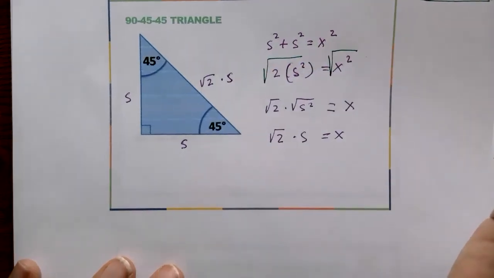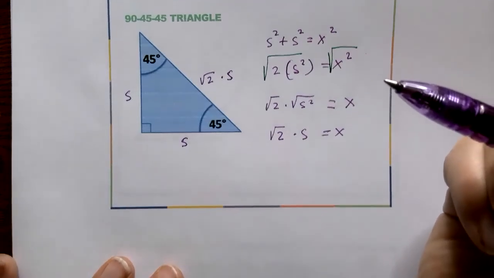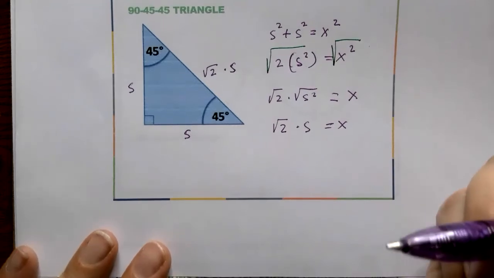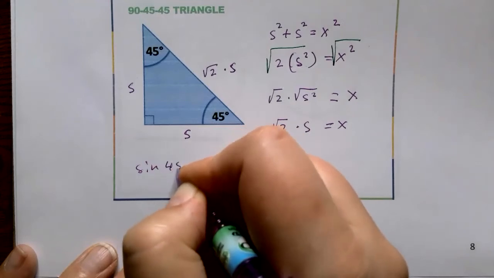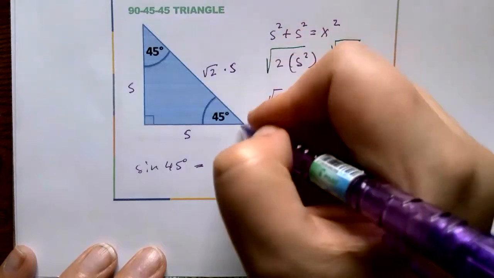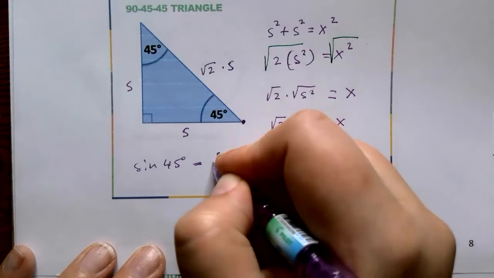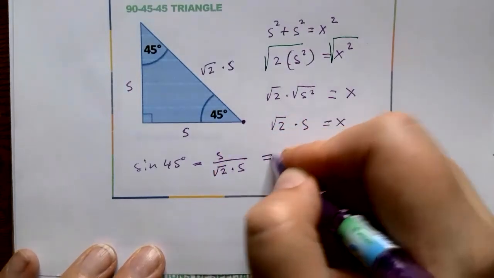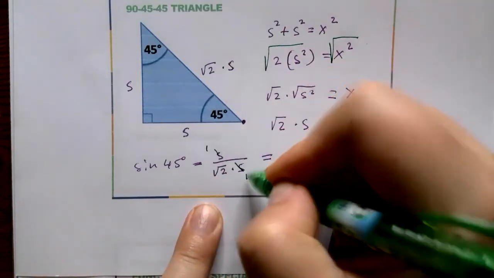Now, using these relationships between the sides, we can come up with trig functions for a 45-degree angle. The sine of 45 is, let's choose one, they're both the same, the opposite over hypotenuse. So s over the square root of 2 times s. We cancel out s, and 1 stays behind.